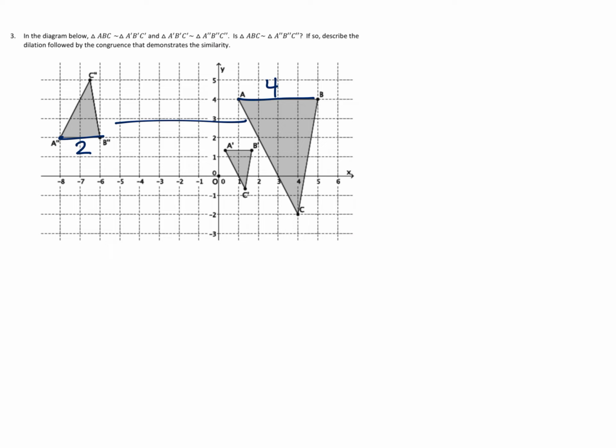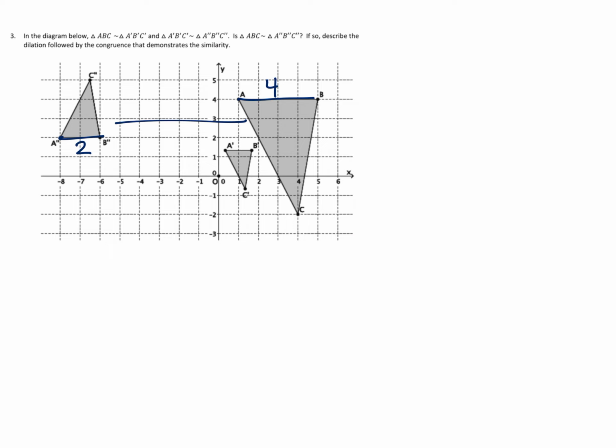So if we are starting with the original and moving to the double primes, we need to find the scale factor. We do new divided by original. And in this case, the side length is 2, and the original side length was 4, which is a scale factor that is the same as 1/2.